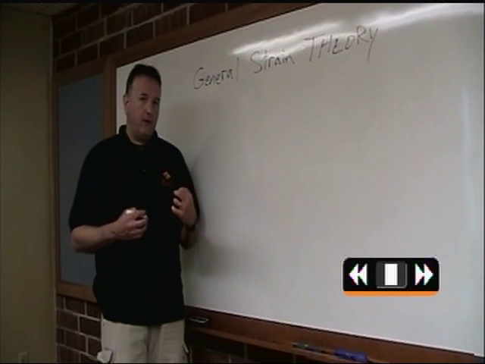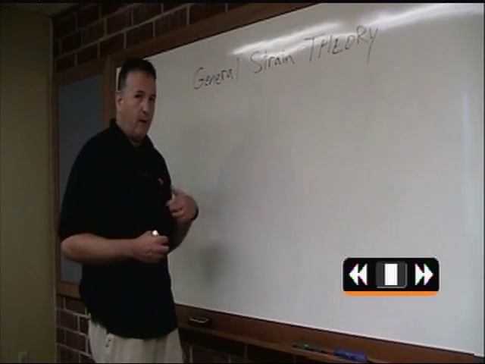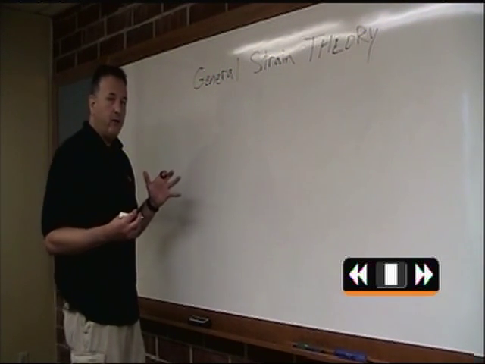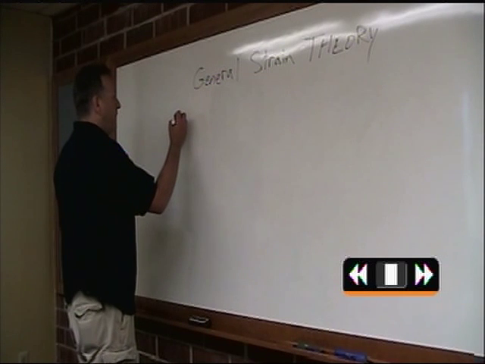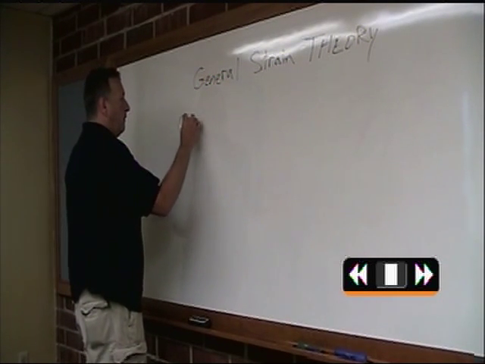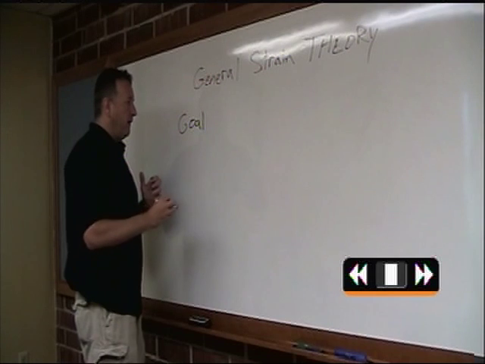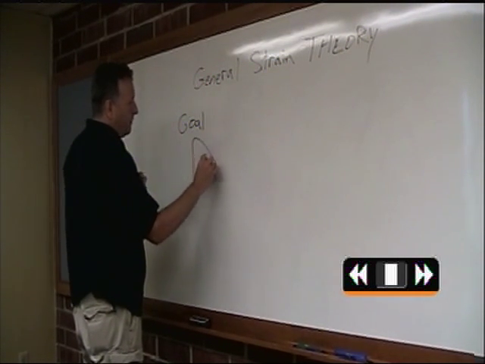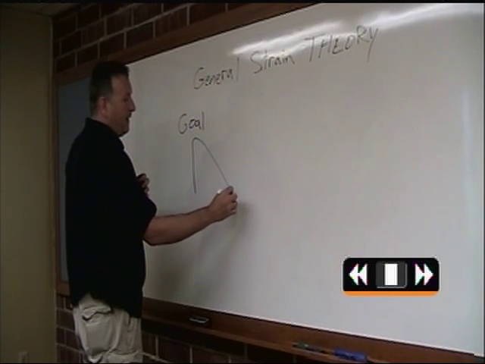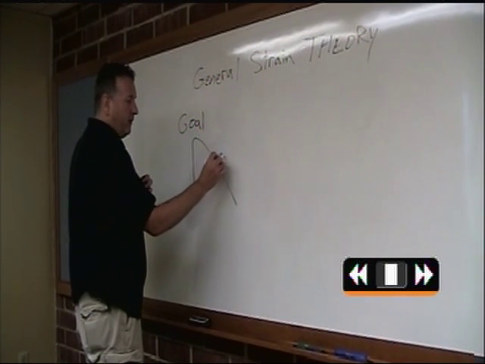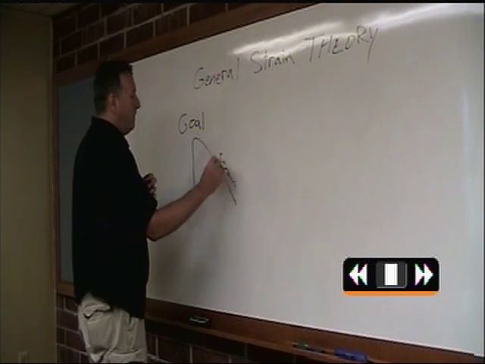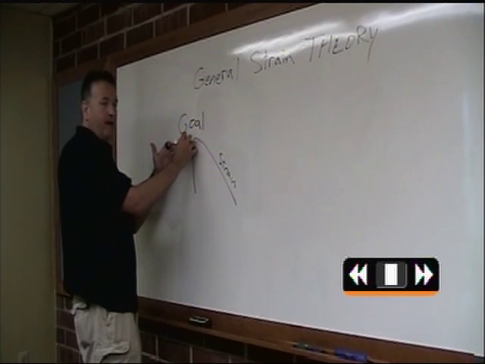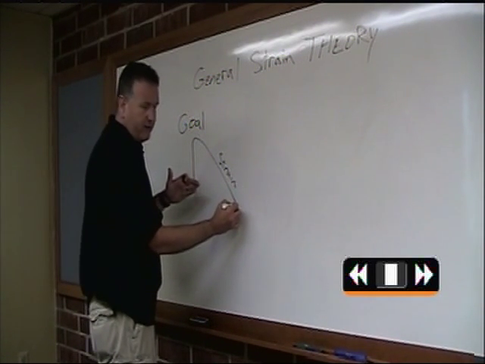There's a couple of different theorists involved. First is Robert Merton, who is credited for the traditional strain theory. It's pretty easy to understand. You have a goal, and according to Merton, if you tried to accomplish that goal through legitimate means and you failed, you experienced strain.